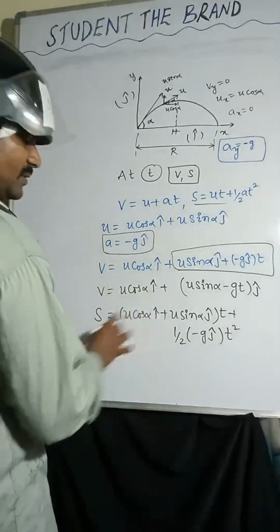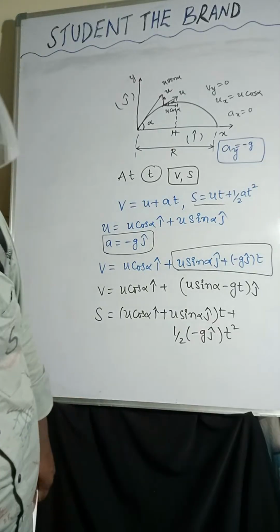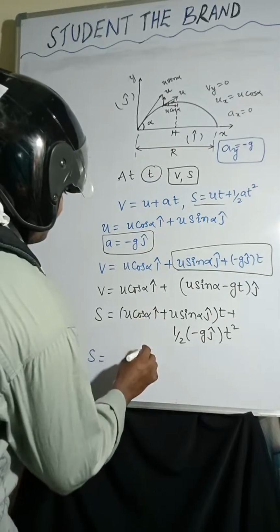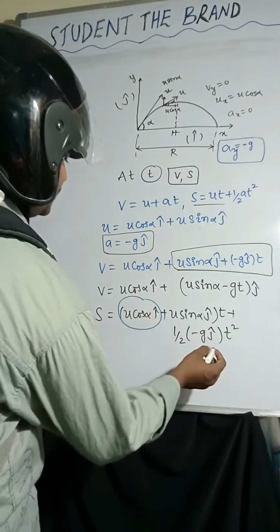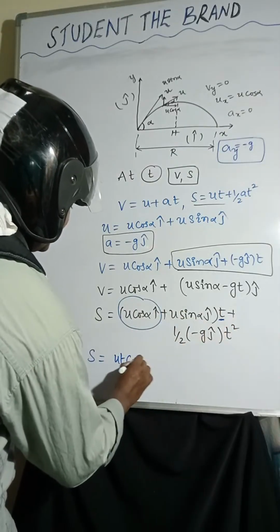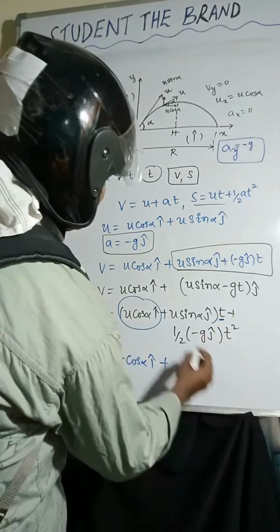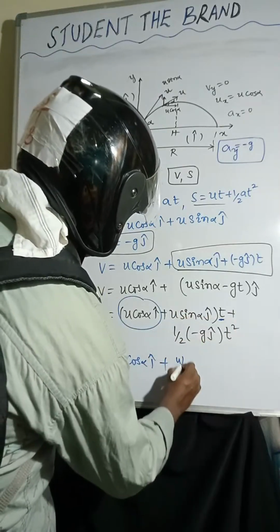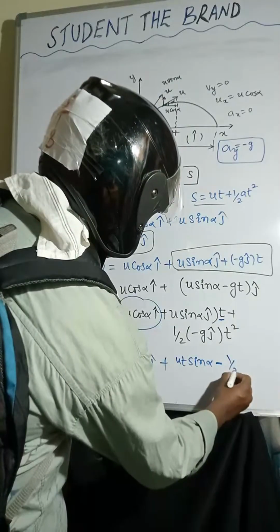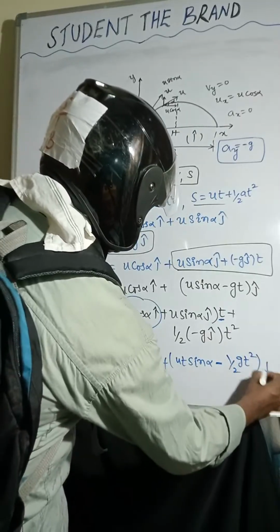So s equal to u cos alpha i cap, and t is there, so u t cos alpha i cap plus, here we can take j cap common, u t sin alpha minus, here minus is there, 1 by 2 g t square, into j cap.